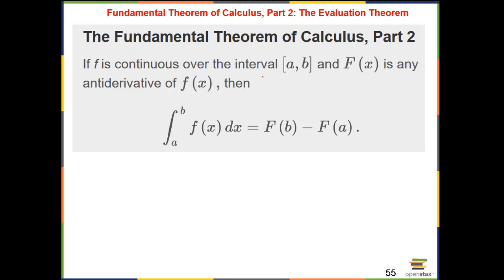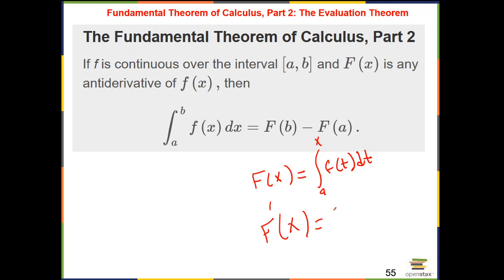The theorem says the part 2. Remember, fundamental theorem of calculus part 1 says that if we have an area function, let's call it capital F of x, defined by this, and you want to take the derivative of it, the derivative would be just f of x.